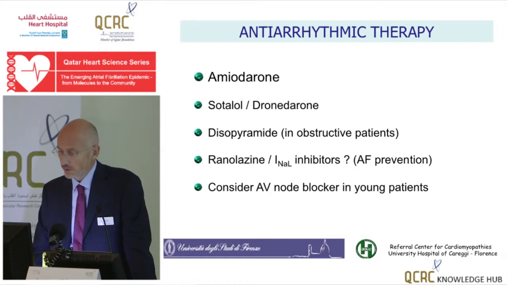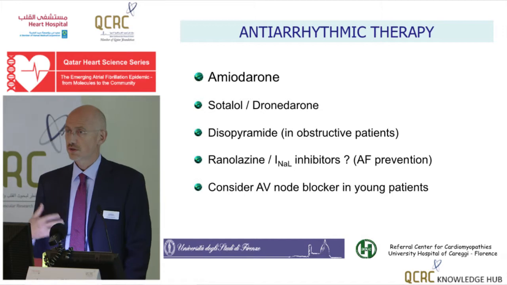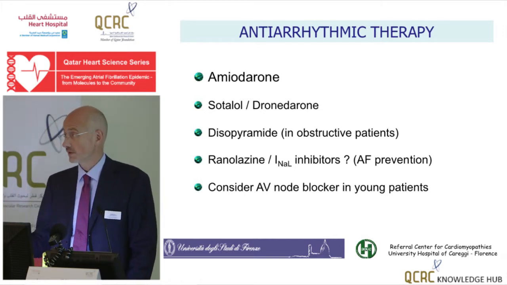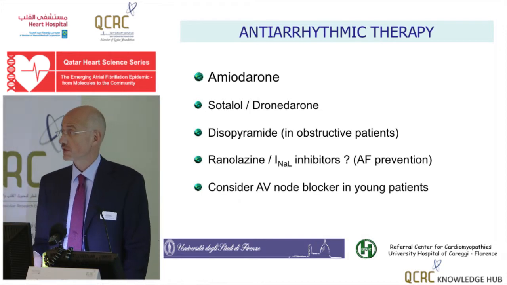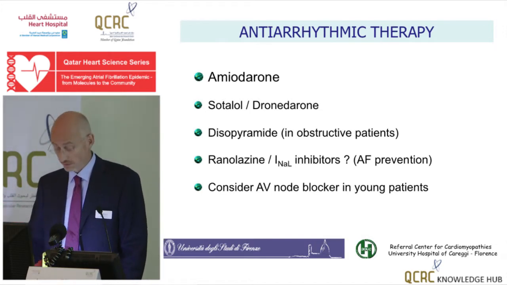Another concept that is important with regard to antiarrhythmic therapy is that if you have young patients with a large left atrium, we should consider AV node blockers. For example, this is a good reason to give beta blockers even in asymptomatic patients if you fear that they may go into AF with rapid rates and then deteriorate.